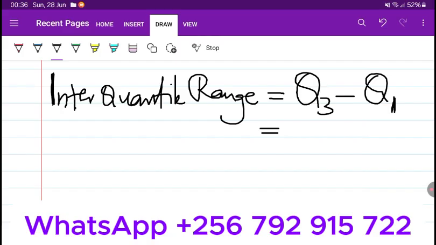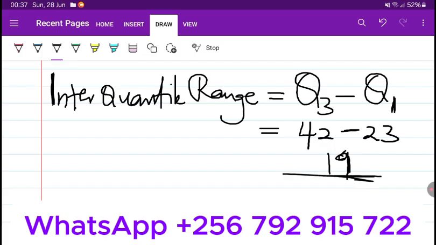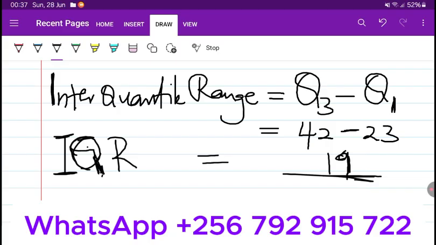Now, the Q3 we computed was 42, then the Q1 was 23. So when you subtract, you get a difference of 19. This difference is what we call the interquartile range, IQR. These abbreviations are known. You can also use them. Interquartile range is equal to 19.